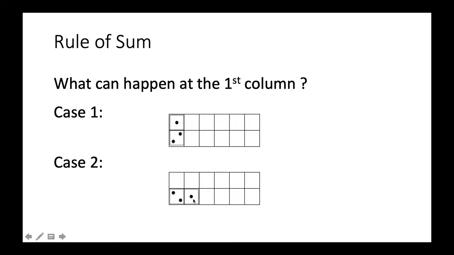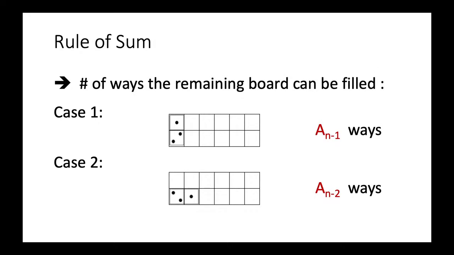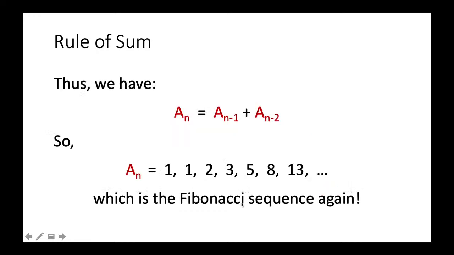And in such a case, the total number of ways will be we cover the first 2 columns by horizontal domino pieces, and then we cover the remaining n minus 2 columns by whatever way that we can have. So again, the number of ways that we can do here is a_{n-1} ways, and the number of ways that we can do here is a_{n-2} ways. So again, we have a_n is equal to a_{n-1} plus a_{n-2}, and amazingly, we get the Fibonacci sequence again.